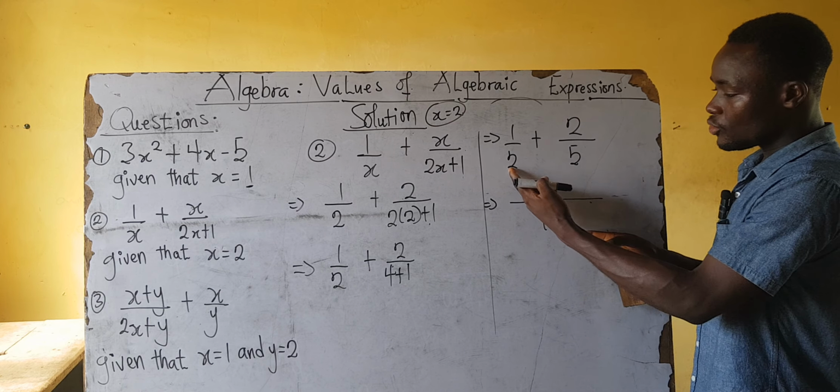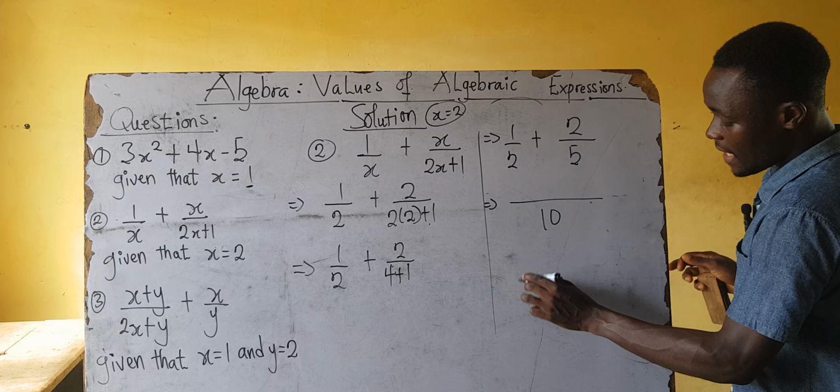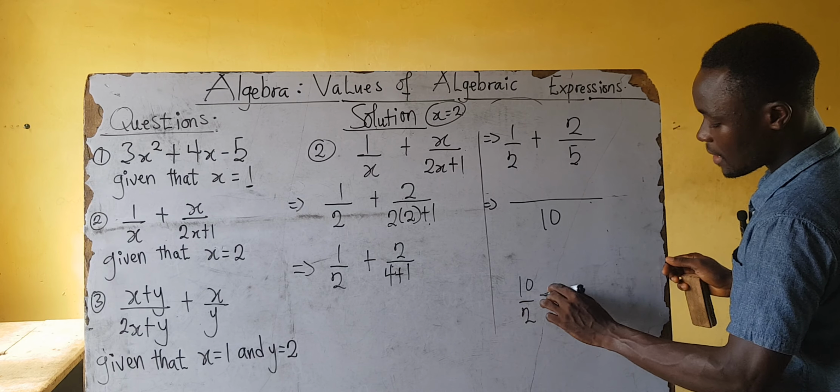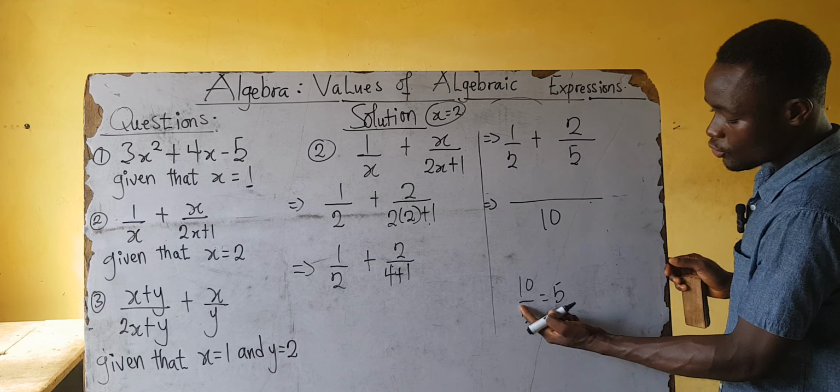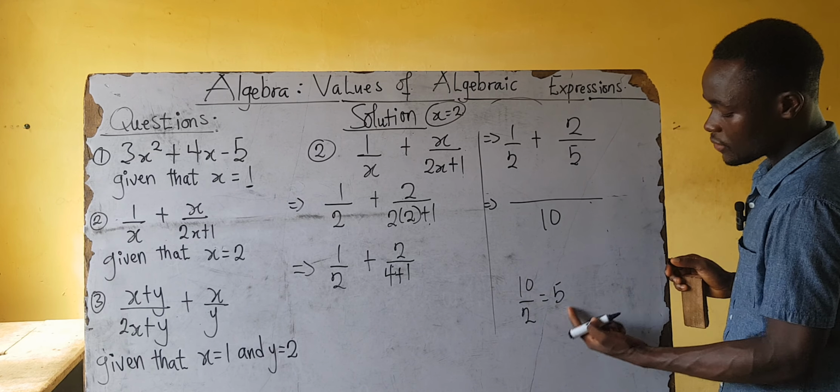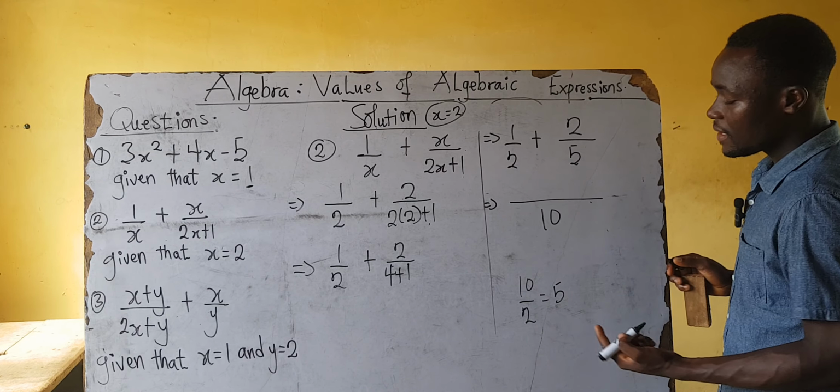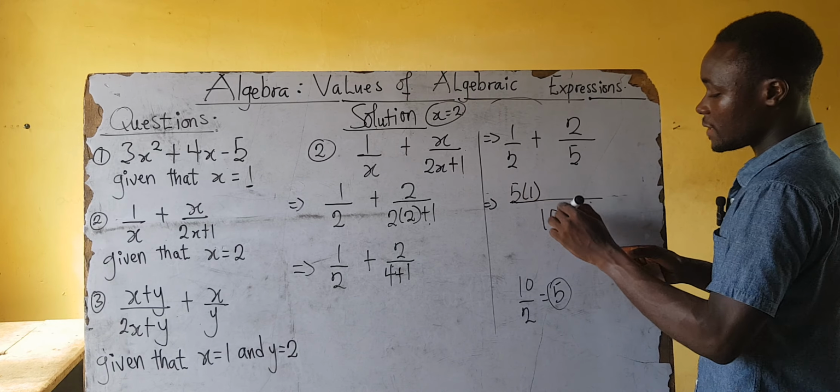So now that we are done finding the LCM, we are going to check the number of times that 2 goes into 10. If I have 10 divided by 2, I'm going to get what? 5. That is when two people are going to share 10 oranges. Each person will get 5 oranges. So I'm going to use the 5 here to multiply the numerator of the 1 there. So I have 5 multiplying 1.